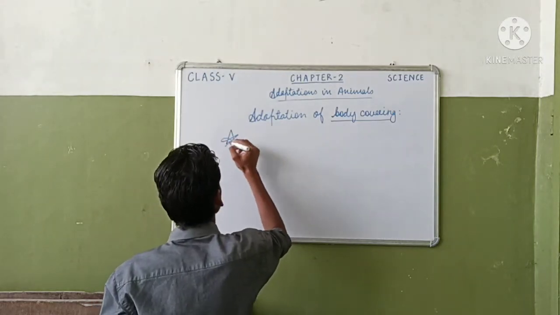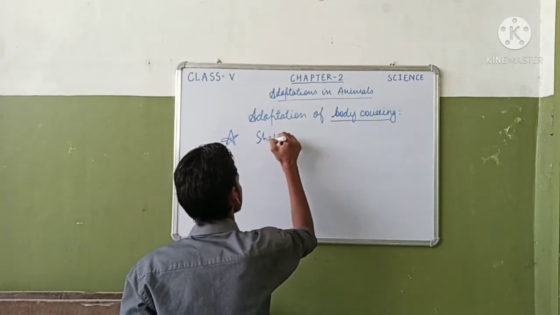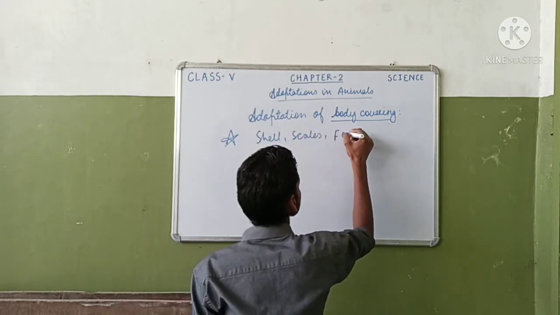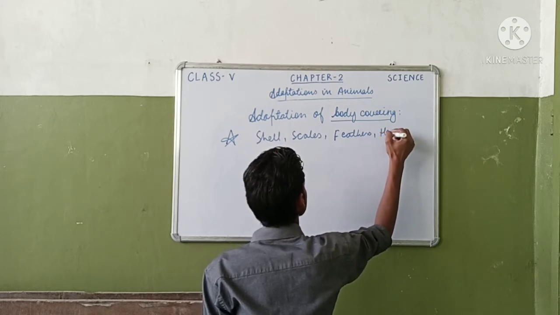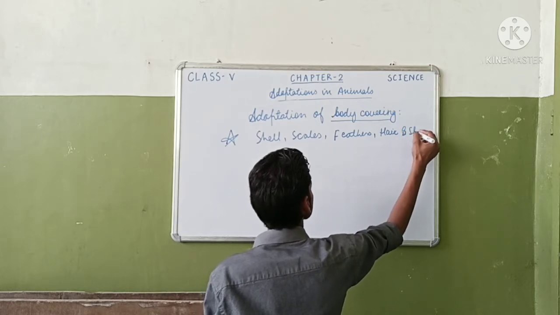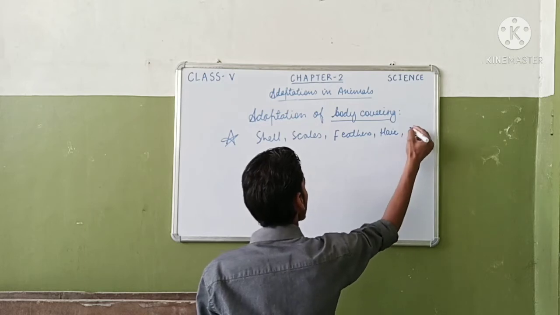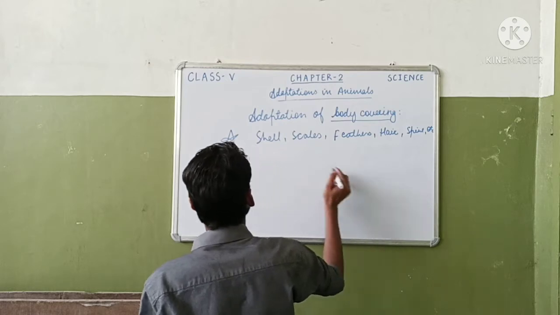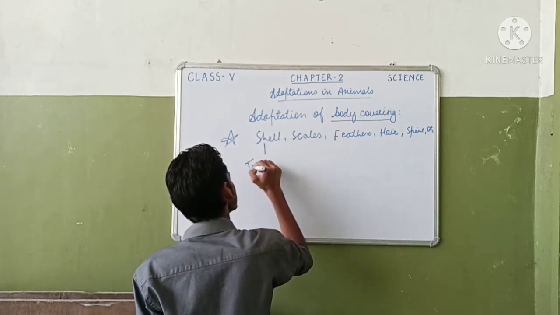So different animals have different types of body covering, like shell, scales, feathers, hair, spines, etc. Shell is found in tortoise.